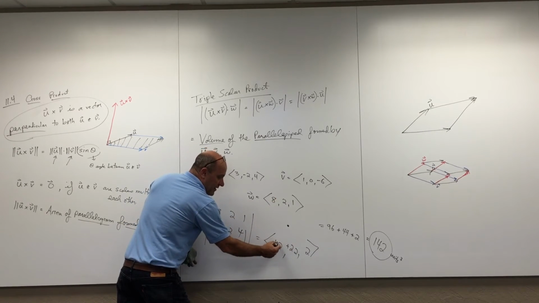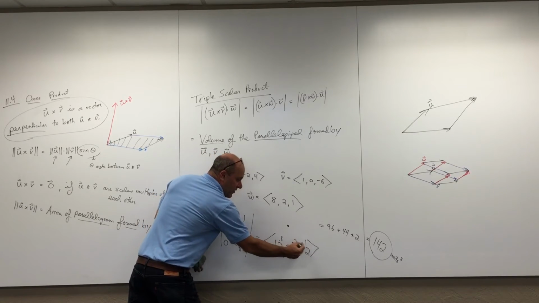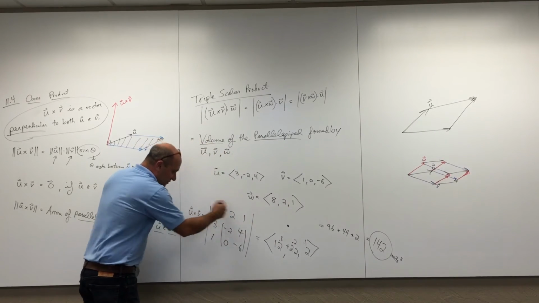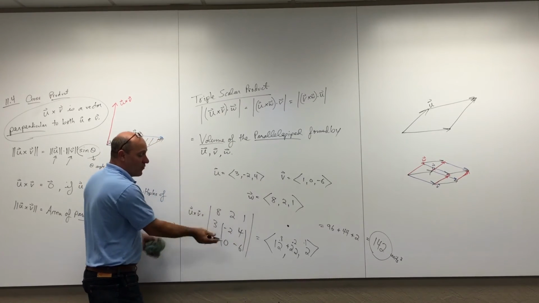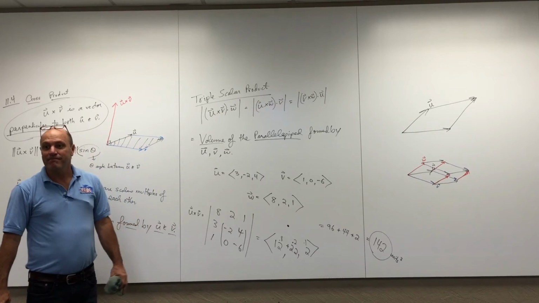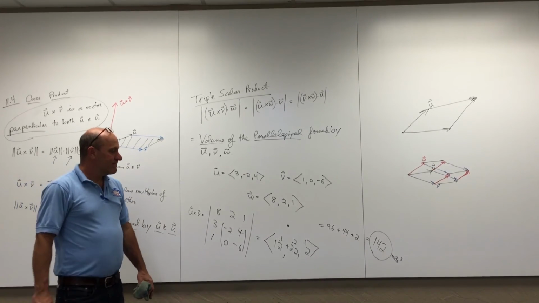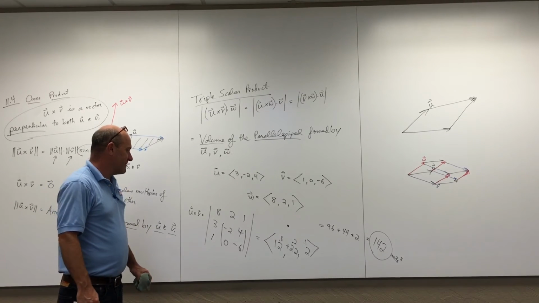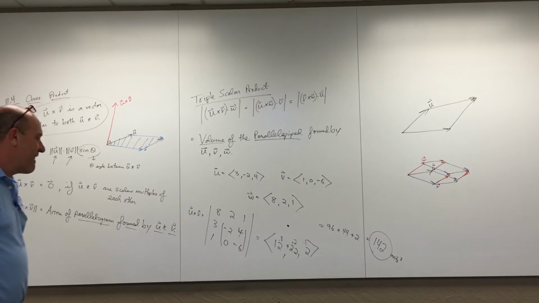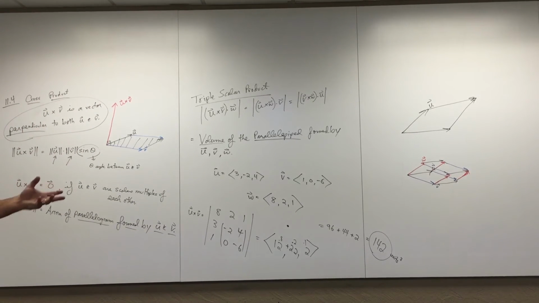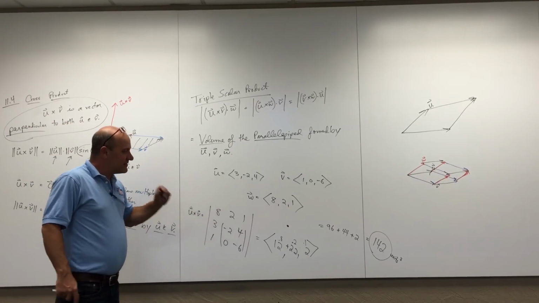So you're doing the triple scalar product all in one move, kind of. Doing the dot product as you do the cross product. It's interesting.